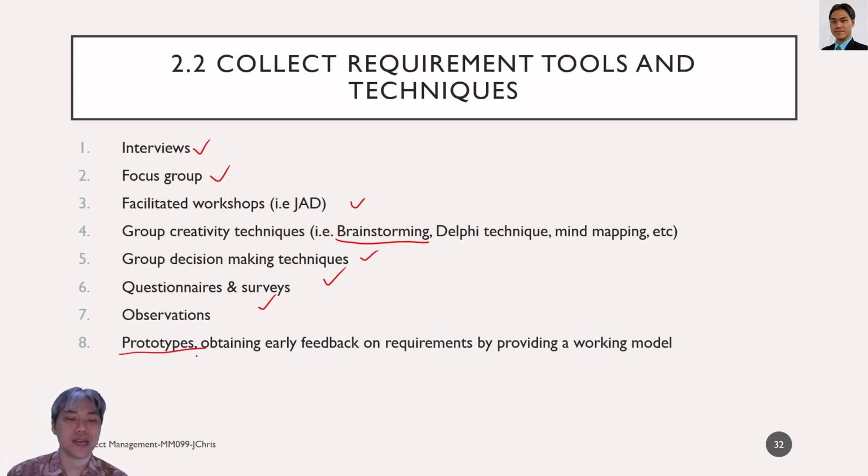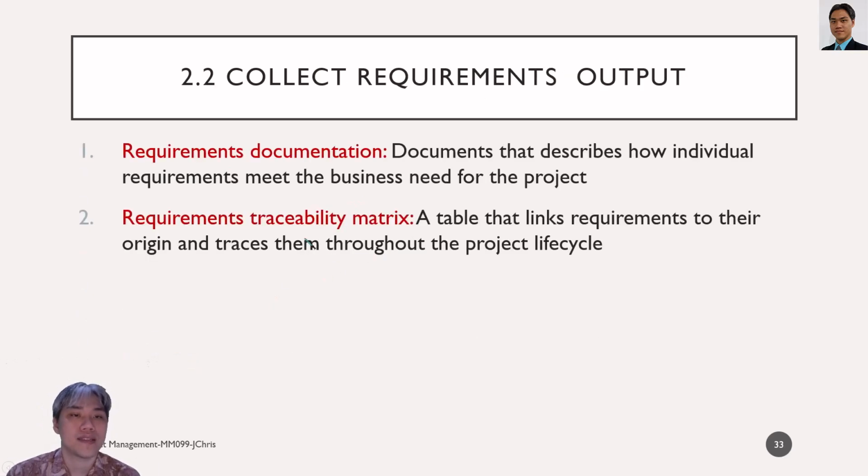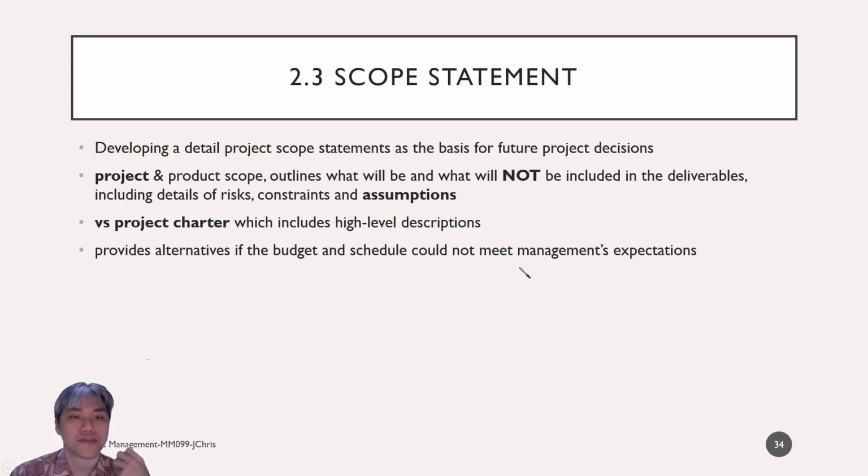We give them prototypes and they say, hey, this is not good enough, we need to do this and this, upgrade this and this, remove some of the parts, and so on. That's how we collect the requirements. Requirements documentation is the output of this process, along with the requirements traceability matrix. That is a table that links requirements to their origin and traces them throughout the project life cycle.